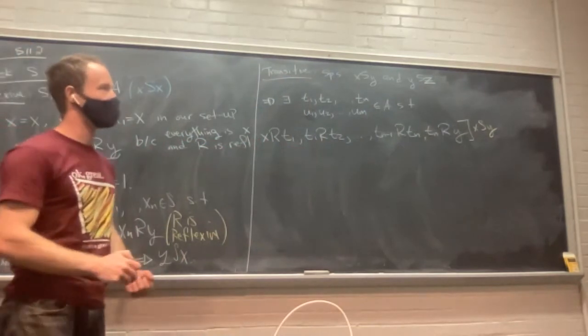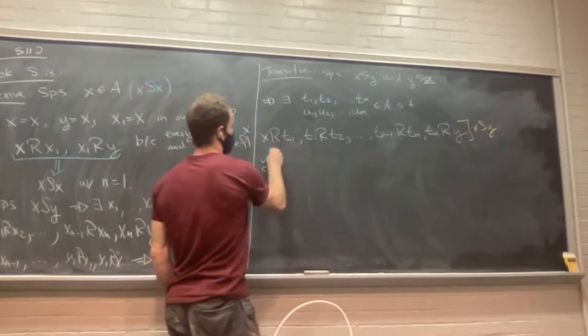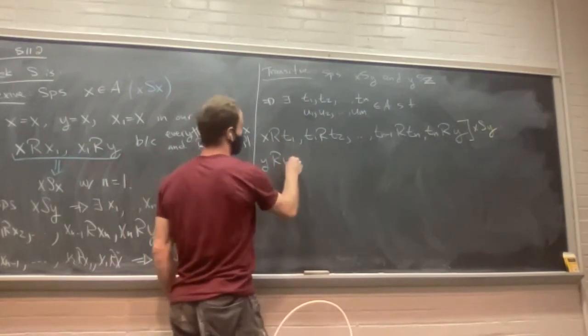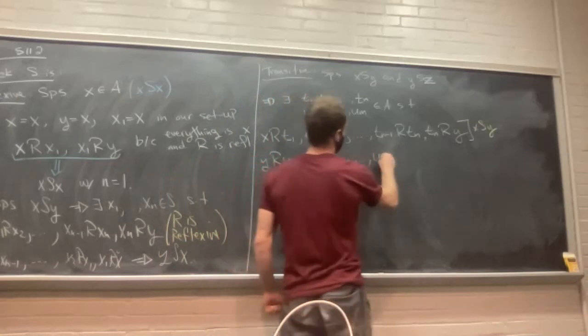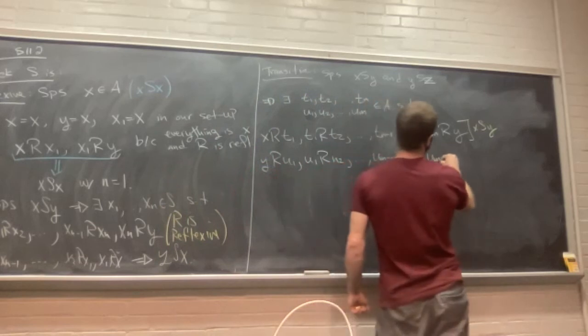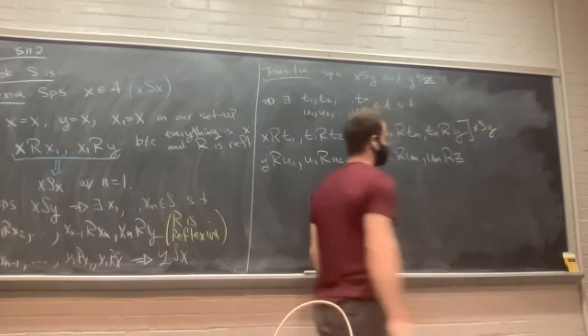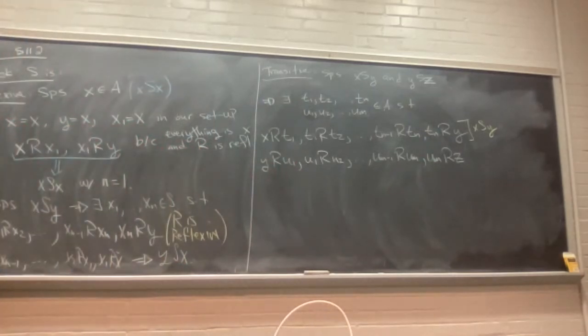Okay, now let's do Y S Z. So that would be Y R U1, U1 R U2, all the way up to Um minus 1 R Um, and then Um R Z. So we've got a path from Y to Z. And notice it might have a different length, right?